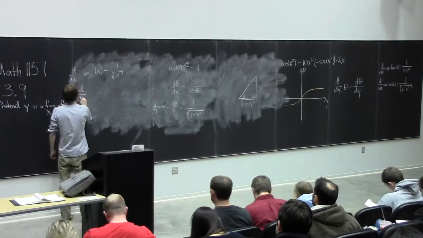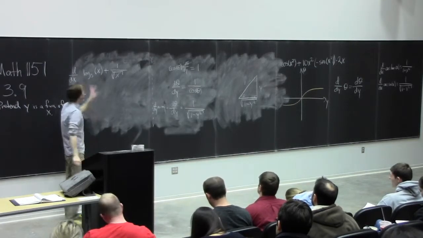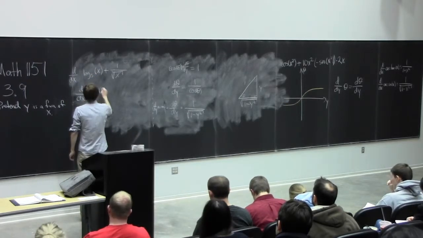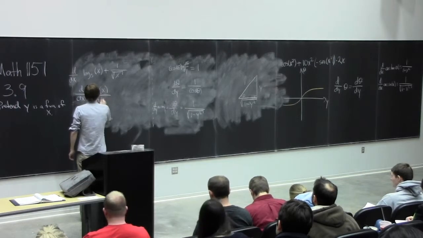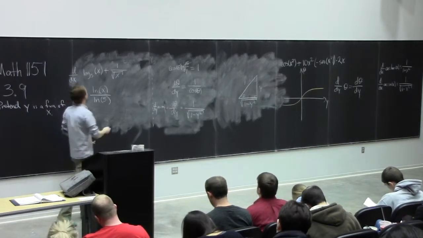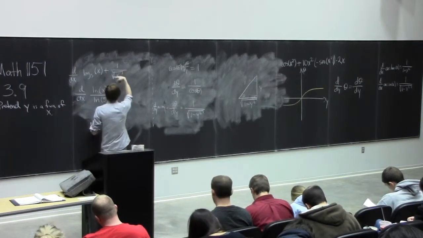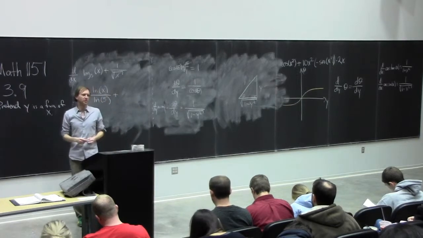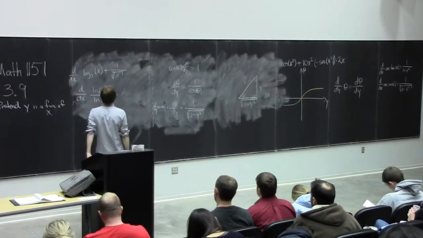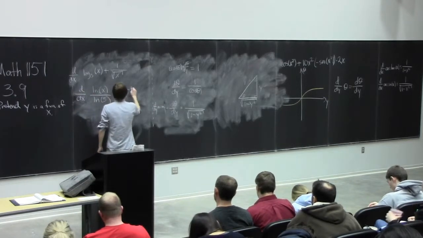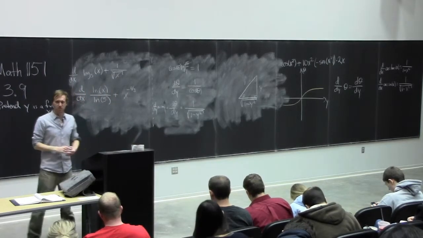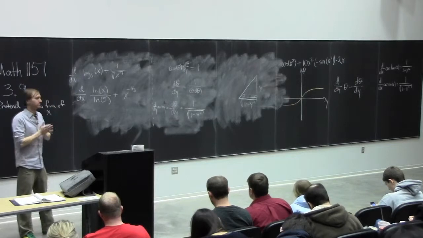Whenever you see log with another base, you write it as natural log of x over natural log of 5, plus, and what do you do with this? You rewrite this too. This becomes x to the minus 1/3. Is this derivative looking a lot easier now? I hope so.